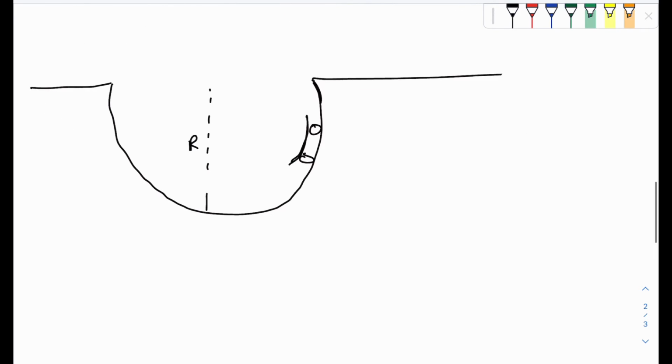So what we are going to do is balance the forces here. We have to first see what forces act on this body. Well, first we have the weight of the skateboard, and here this is phi.